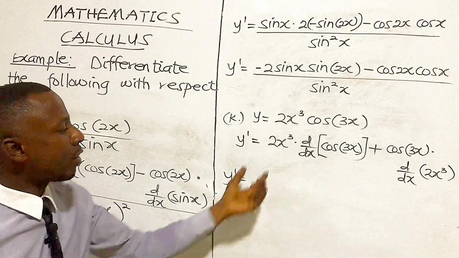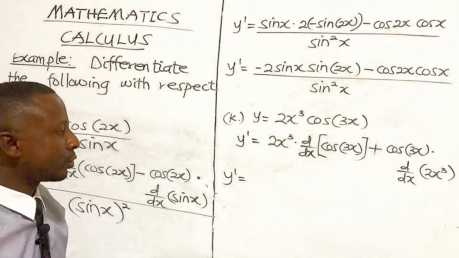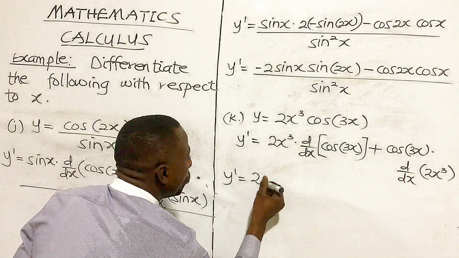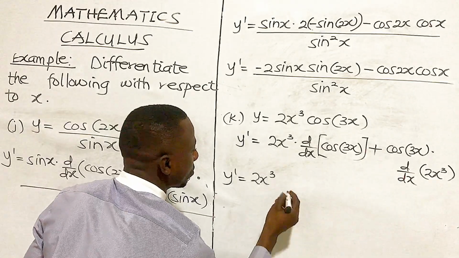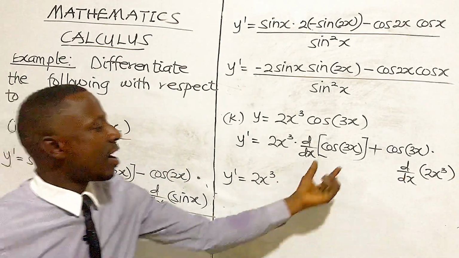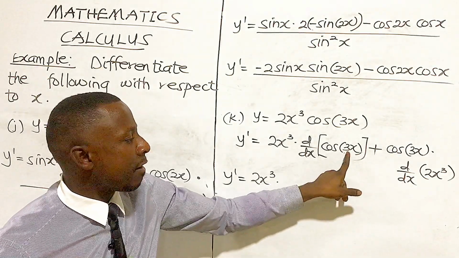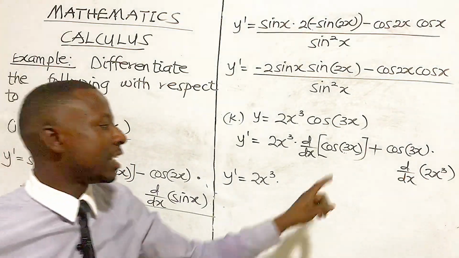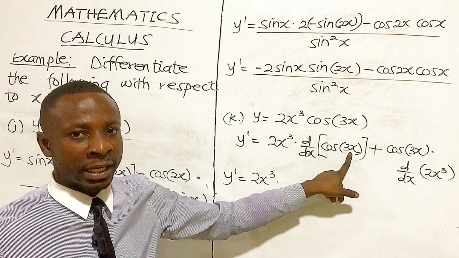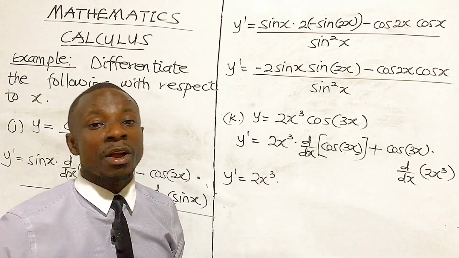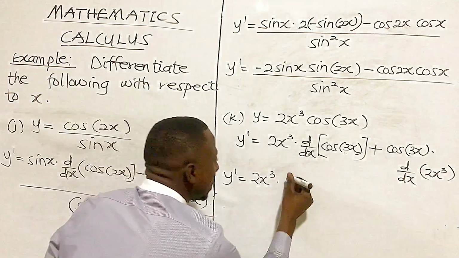So we have y prime to be equal to 2x cubed multiplying. Anytime you're differentiating where we have a function in a bracket like this, then we are going to first of all start from the bracket. So when I differentiate 3x, I'm getting 3.